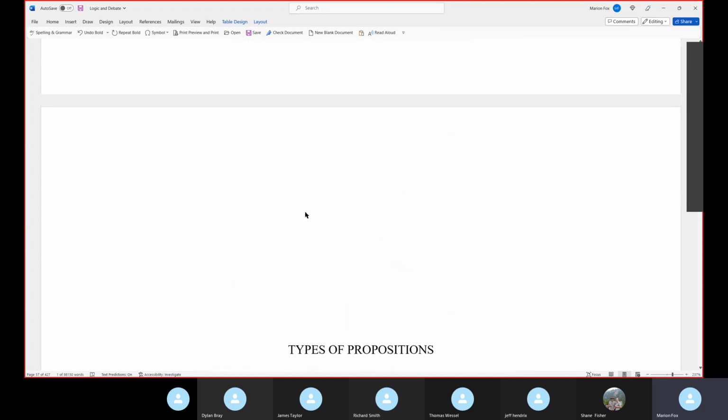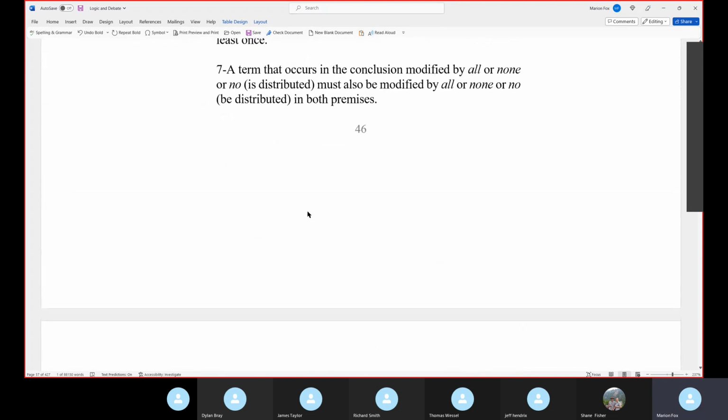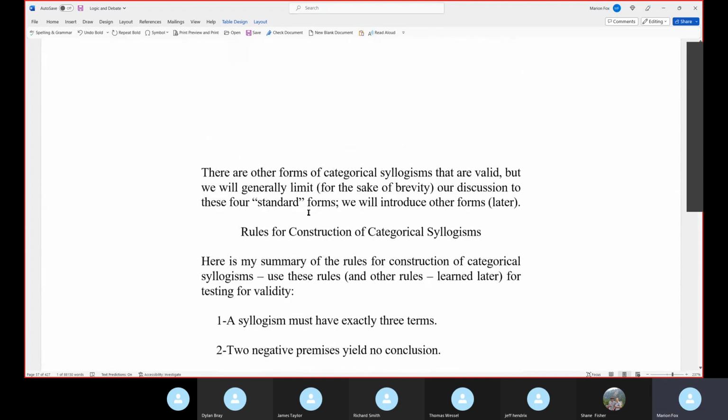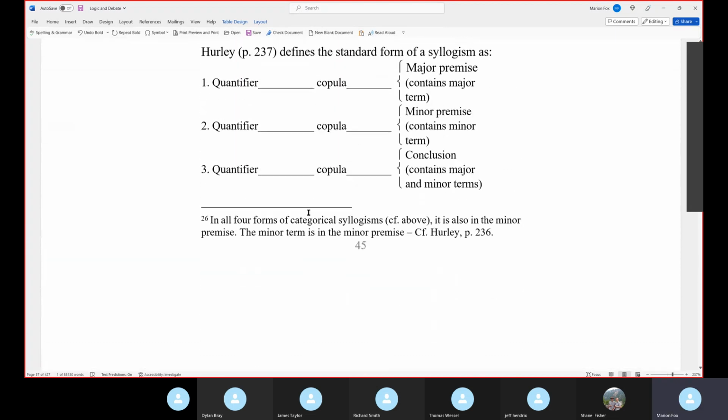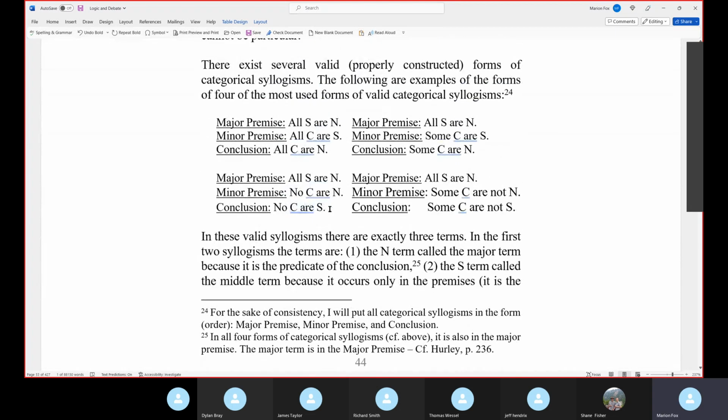Let's go back up to this form here. Let's see where our middle term is. Middle term is here and here. All right. And here and here. See, the middle terms are here and here on this one and on this one.